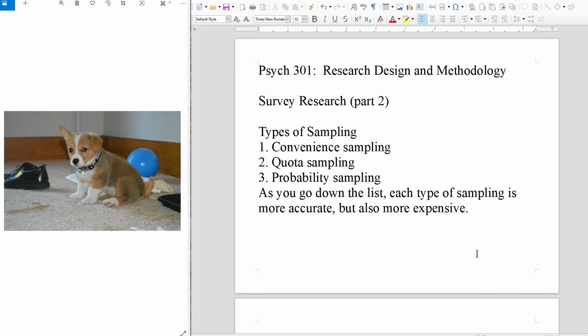And so there's nothing wrong at all with doing a convenience sample in that case. So here's the point I want to make, and I don't want you to think that people are bad people if they do convenience samples.